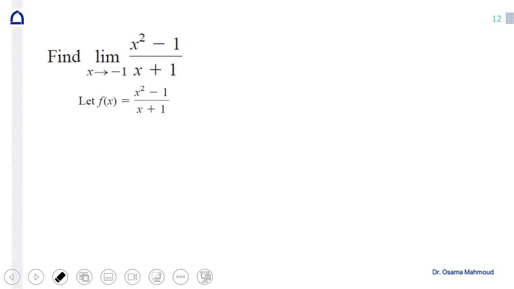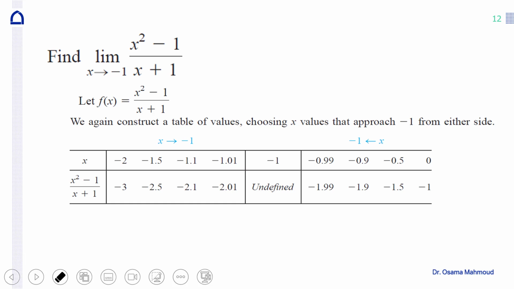Here, you can do this one also using a table. I go from x to minus 1. So these values are to the left of minus 1, and this value is to the right of minus 1. So I'm close here, so here is a value, here is a value.